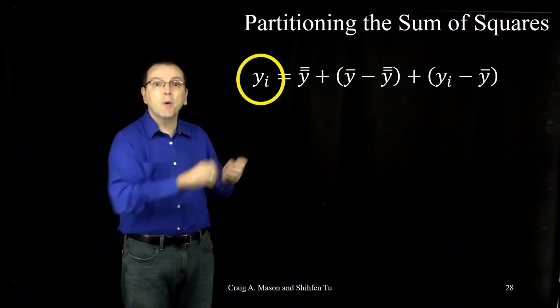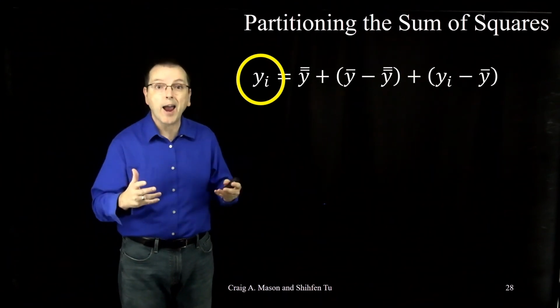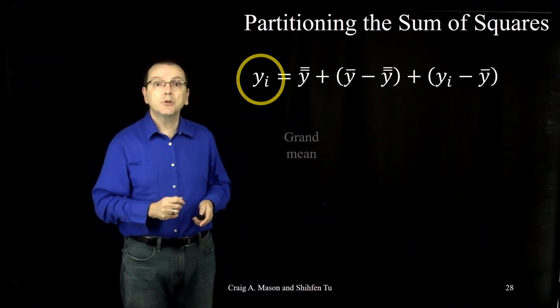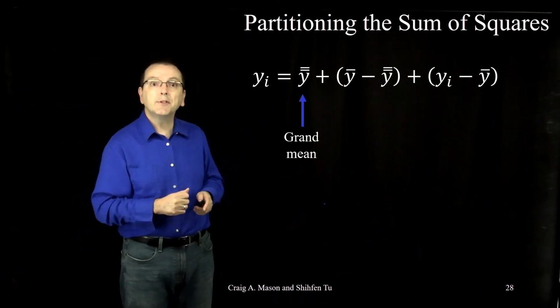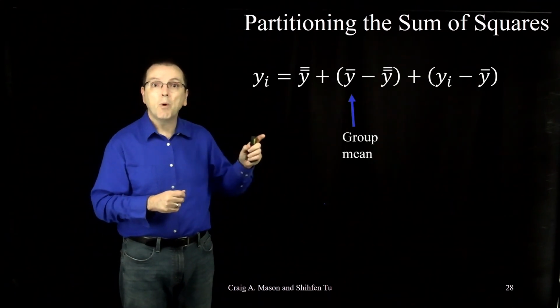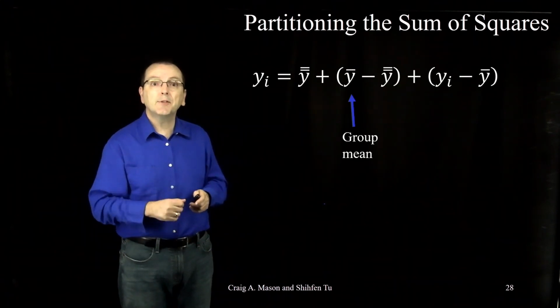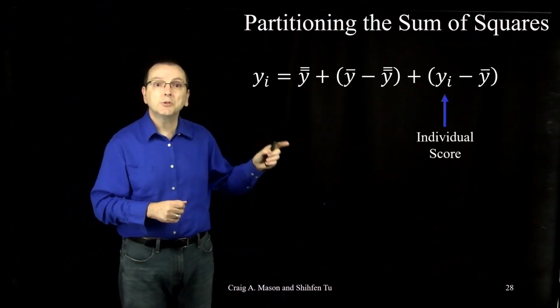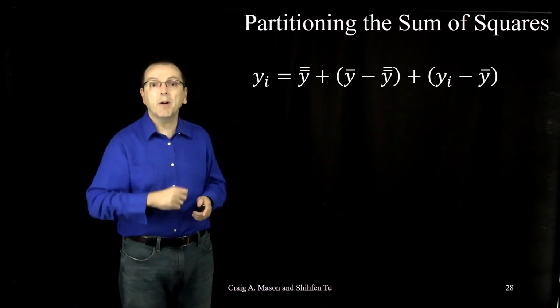Again, that's just a way of saying the outcome score for person i is equal to the grand mean, y double bar, plus the difference between their group mean and the grand mean, y bar minus y double bar, plus the difference between their individual score and their group mean, y sub i minus y bar.